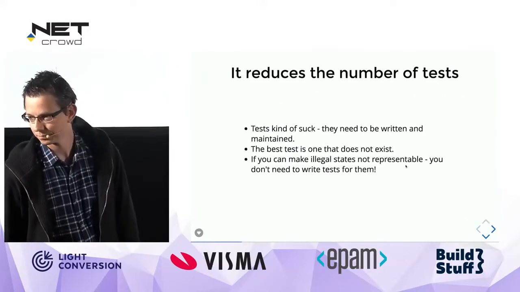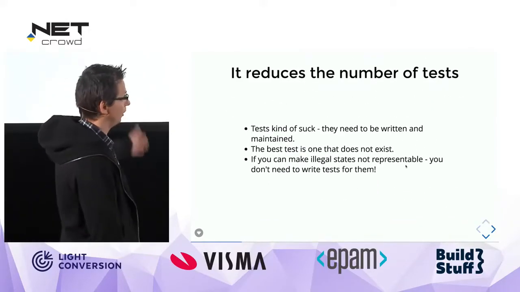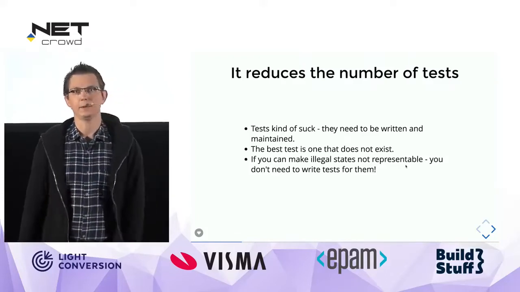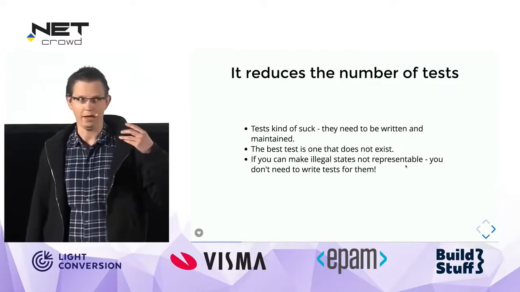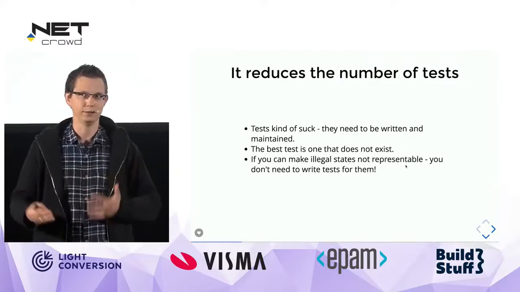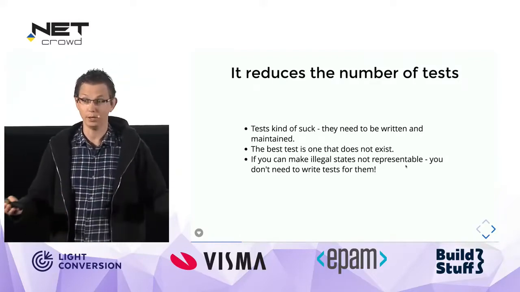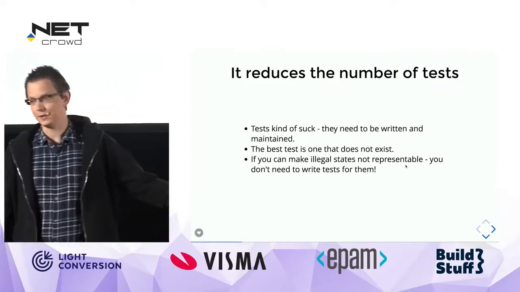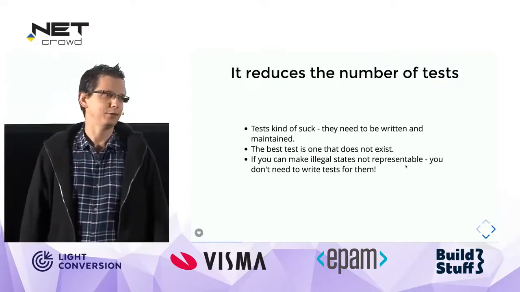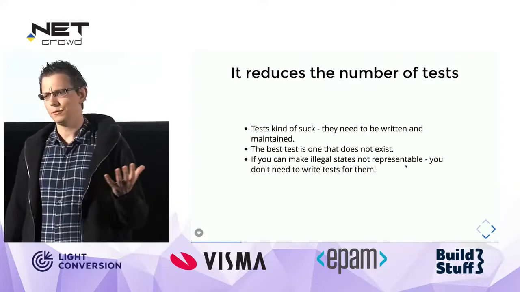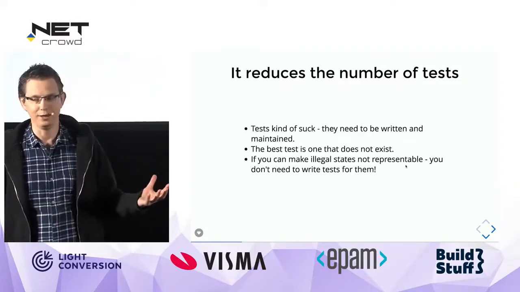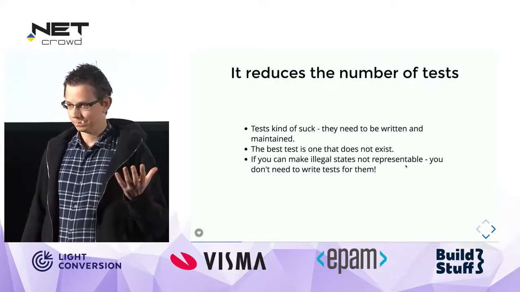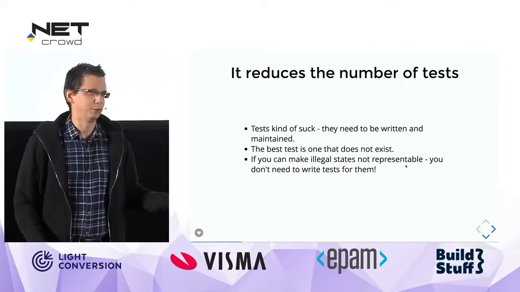Yep. Okay, so one of the things static typing helps us with is that it reduces the number of tests. If you have the compiler checking for something at compile time, you don't need to write tests. And we have to agree that tests really kind of suck. Nobody really likes writing them, right? And if you write a test, then you need to maintain it.